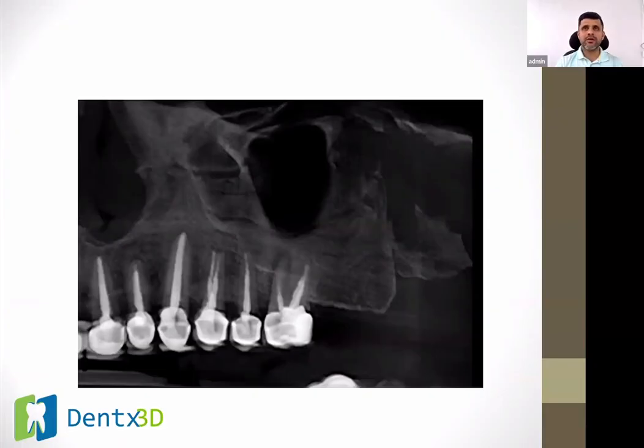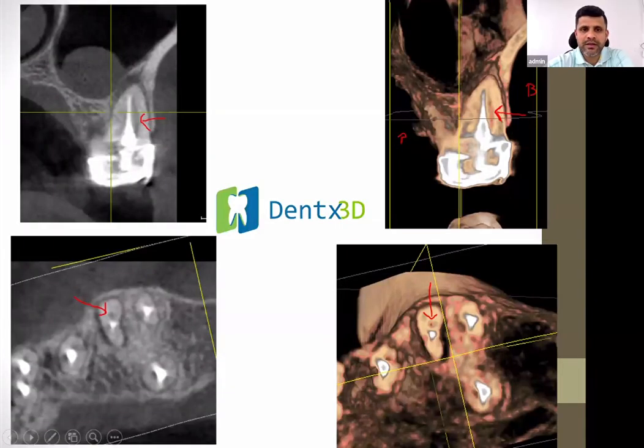Now if you see this, what is it? Ill-defined radiolucency around 2.6, right? Mesiobuccal root of 2.6. And you can see that the obturation is also slightly short of apex, right? But when we take a CBCT scan, in the cross section we can see there are two canals in the mesiobuccal root, right?